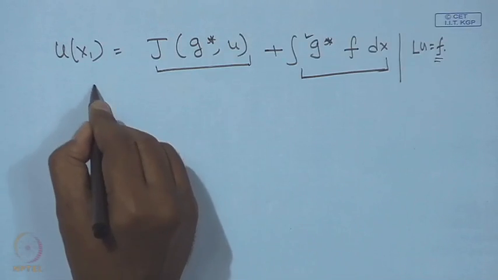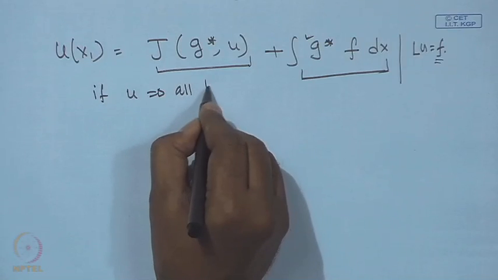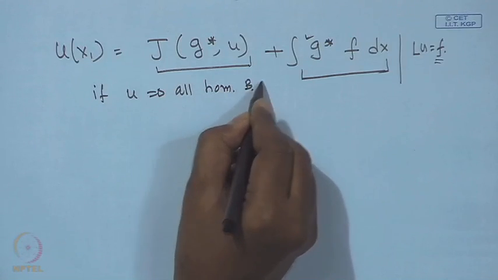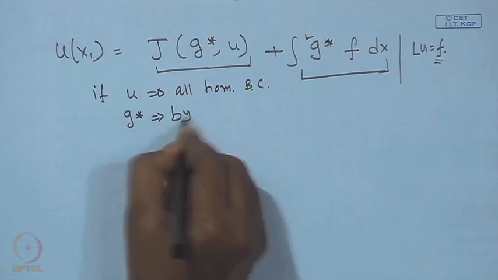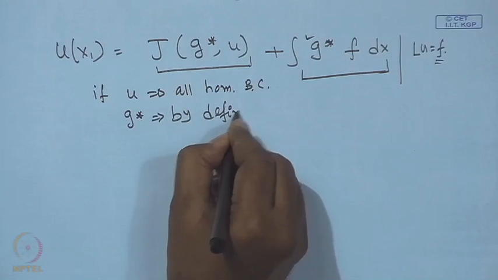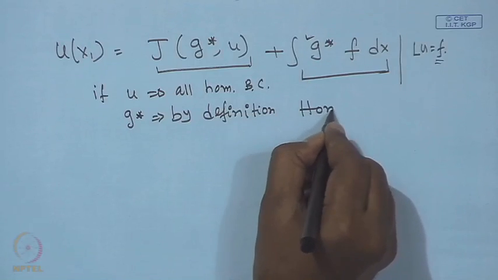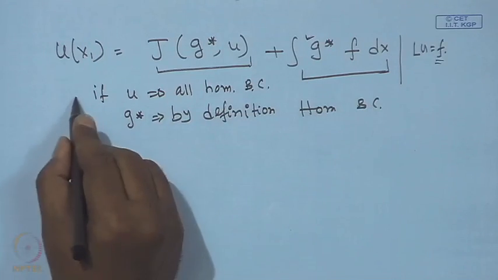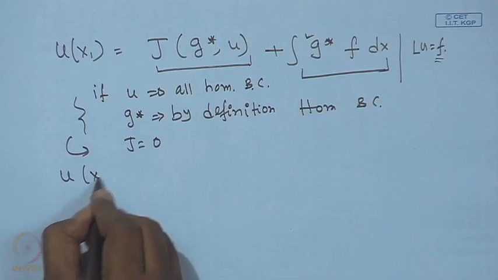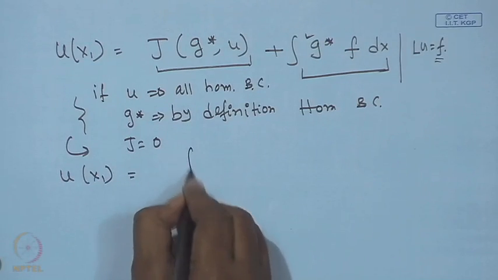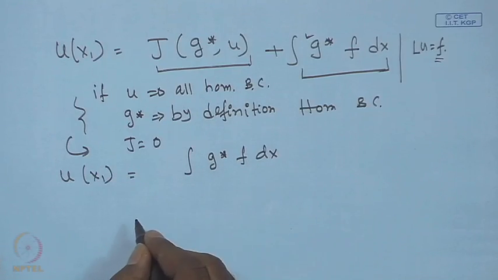If u is having all homogeneous boundary conditions, G star by definition has homogeneous boundary conditions. In that case, J will be equal to 0 and you will get the solution as u of x1 equal to the integral of G star f dx.